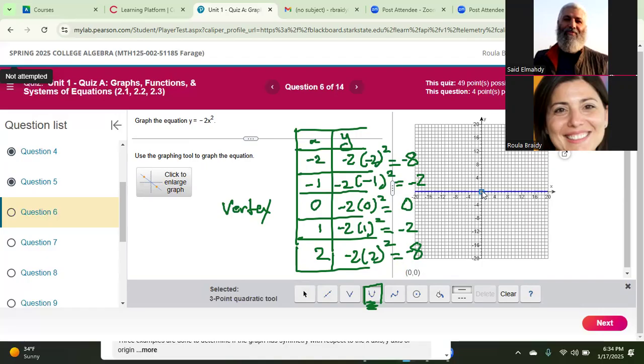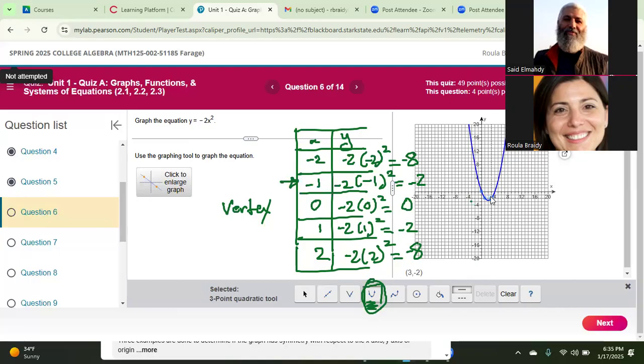So this is 0, 0, and then we need 1 and minus 2. If I do this over here, we're going to need 1 more point. Did you select this? Yes, it works. The other point is -1, -2.